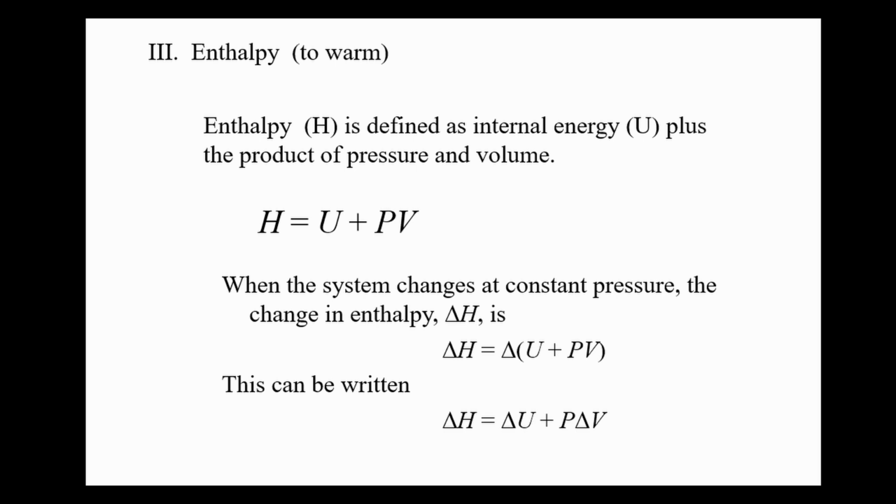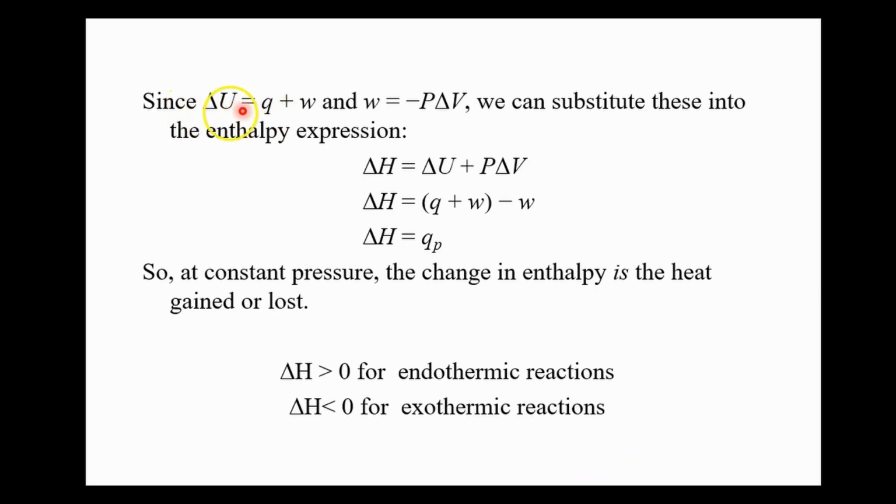When the system changes at constant pressure, the change in enthalpy is this expression right here: change in internal energy plus PV, and then we can distribute the delta through. And here's our first law of thermodynamics.